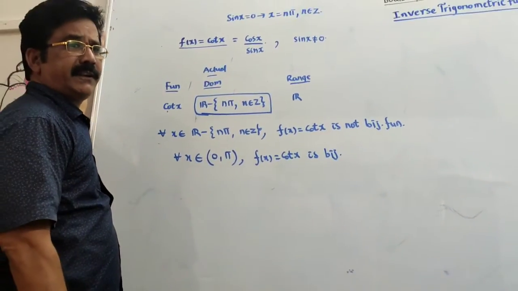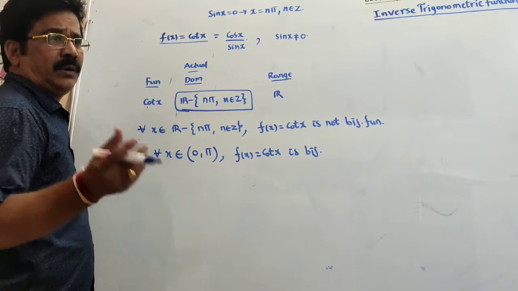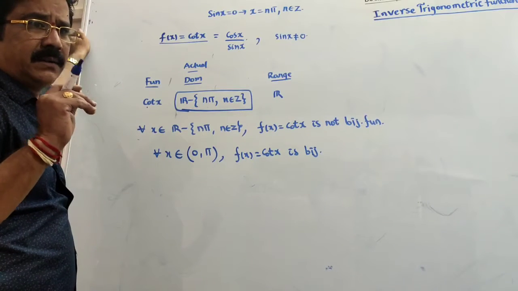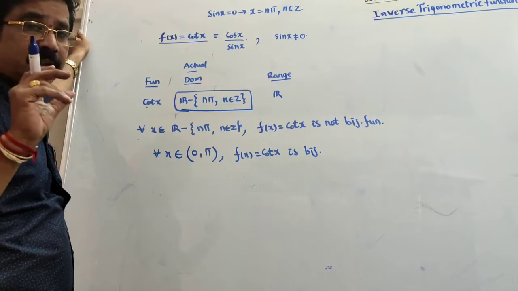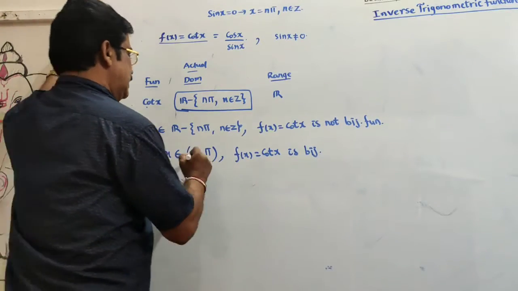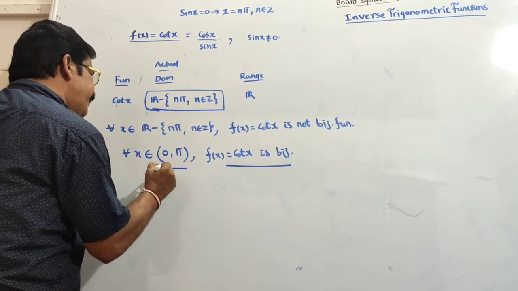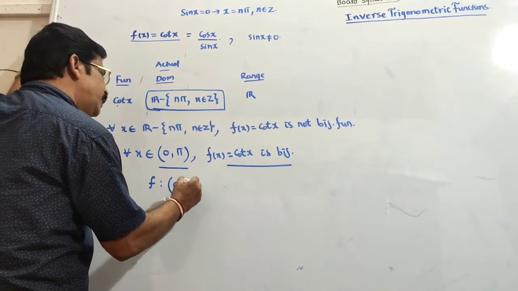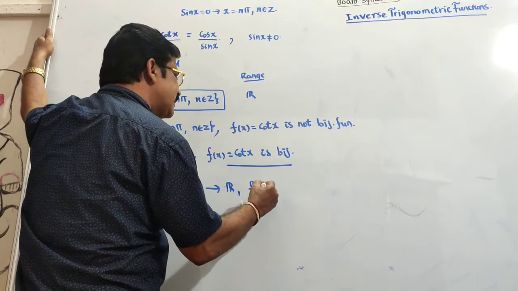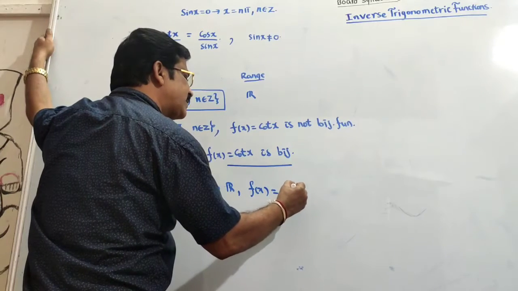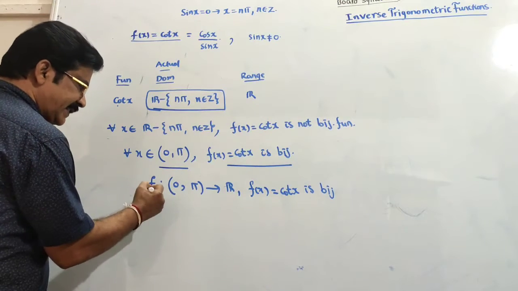Already I showed sine and cos just like that. You must understand it the same way. That's why, for sine, cos, tan, cot, secant, cosecant, it is better to read all the 6 graphs. So in this area cot x is bijective. Therefore f from the open interval of 0 to pi to capital R, f of x equal to cot x, is bijective, so it has its inverse.